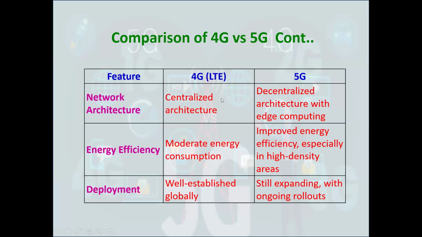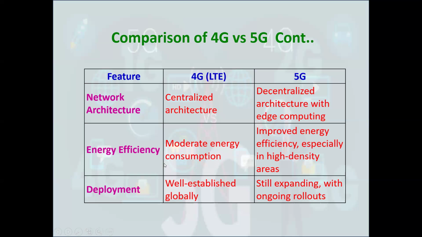So we can call it a centralized architecture. 5G introduces a more complex network architecture that includes a dense network of small cells alongside traditional macro cells. This architecture supports improved performance and capacity, especially in high demand areas and for advanced applications. So we can call it a decentralized architecture with edge computing.